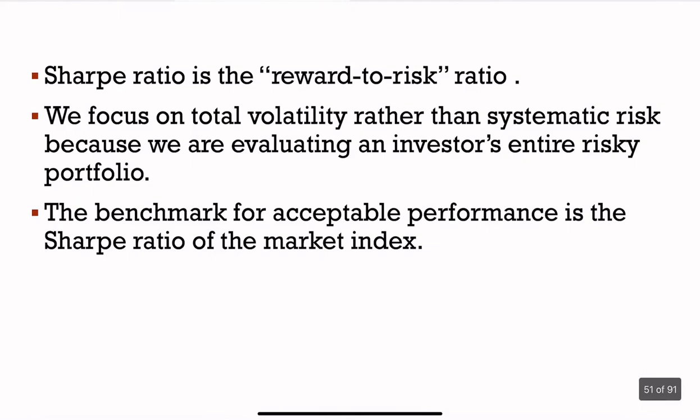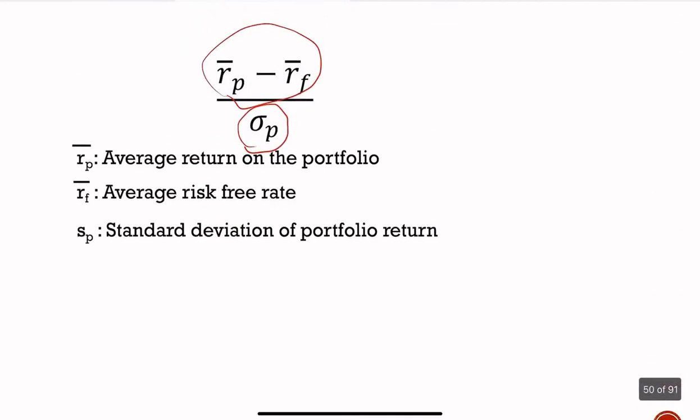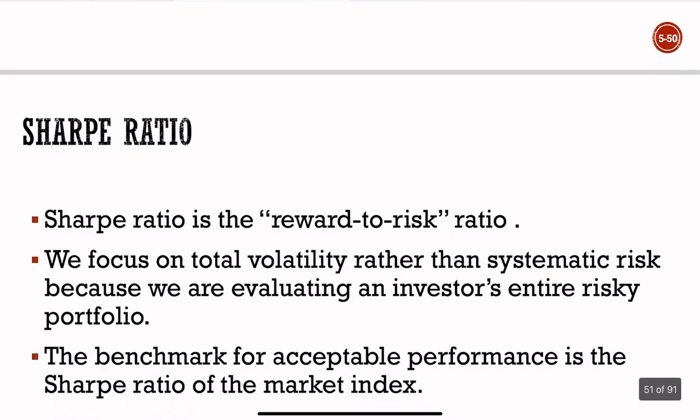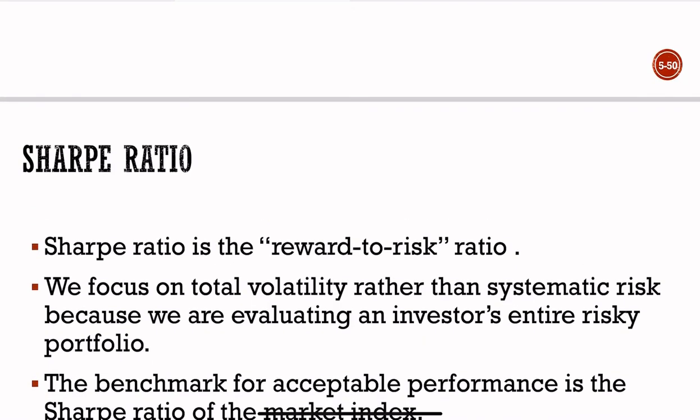And then you can see here, we actually measure risk by using standard deviation. The reason is because now our purpose is we are just evaluating this entire portfolio. So the idea is like this.